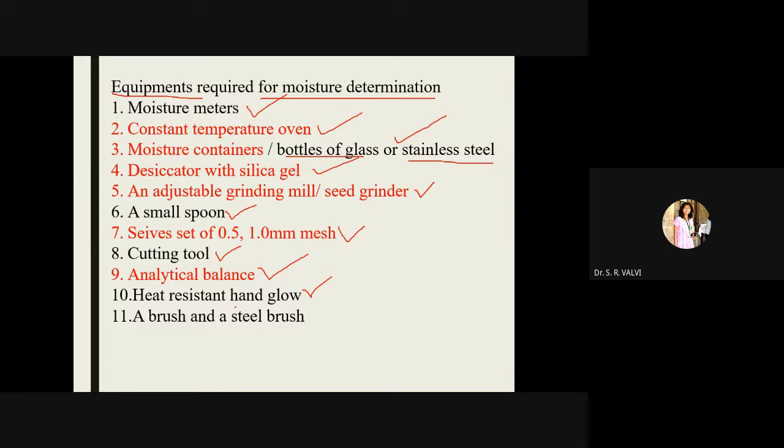Then a brush or a steel brush, which is used during the moisture determination. So all these things till 11, there are various equipments I have mentioned, and all of them are needed for moisture determination from the seeds.